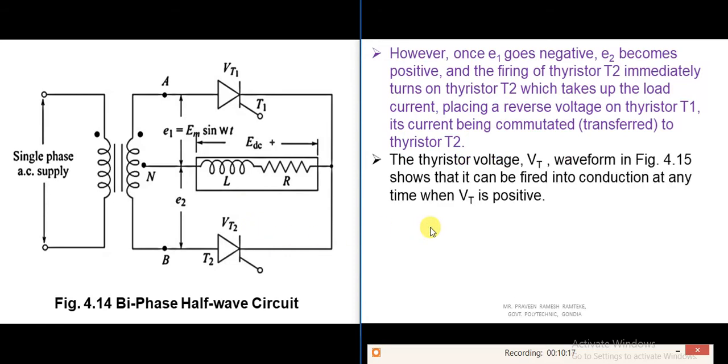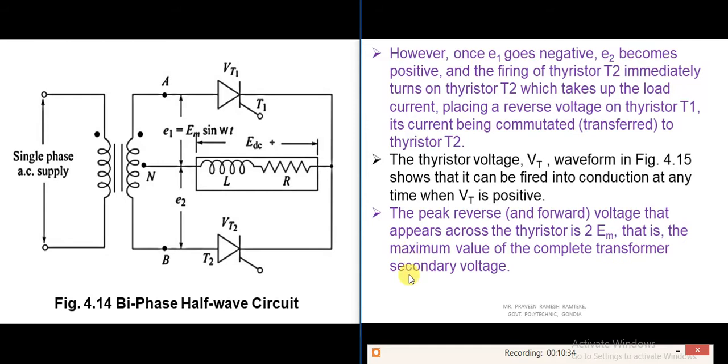The thyristor voltage Vt is developed across each of the thyristors. When thyristor T1 is off, voltage will develop across Vt1. When thyristor T2 is off, voltage will develop across thyristor T2. The peak inverse voltage that appears across the thyristor is twice the input voltage.